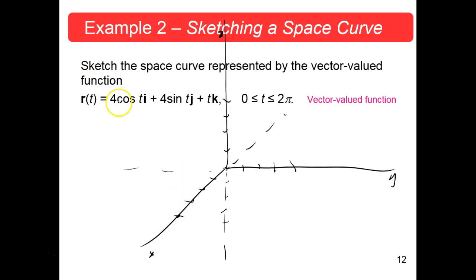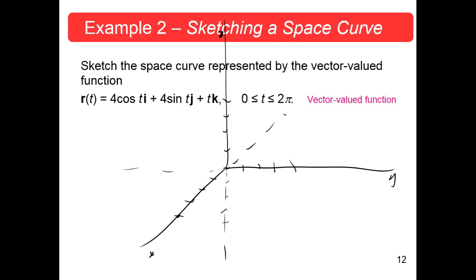When t is equal to 0, you'll be 4 on x, 0 on y, because sine of 0 is 0, and 0 on k. So j will be 0 because sine is 0, and k will be 0 because t is 0. Okay, so there's where we begin.